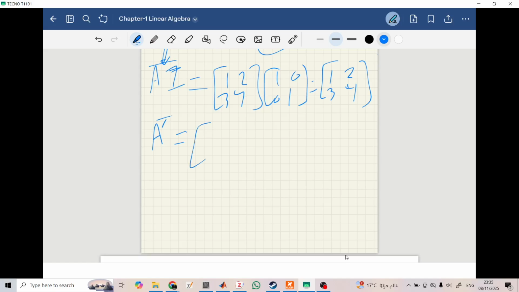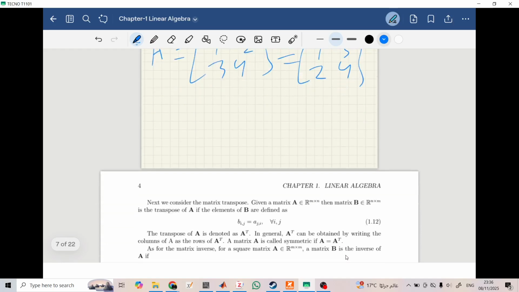So we want to transpose this matrix. How to do it? Simply we flip the rows and columns. So we have this row becomes a column, and this row becomes a column. So this is the transpose operation. It's very simple.